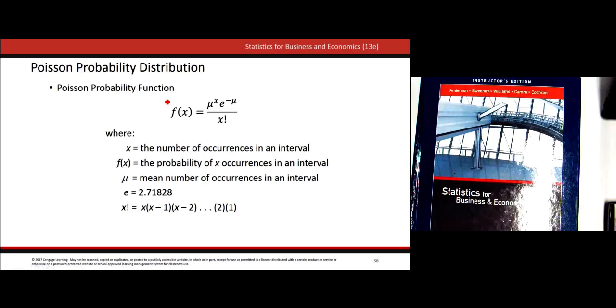And this is the Poisson probability function. X is the number of occurrences in an interval. Mu is the expected number of occurrences in an interval. E is a mathematical constant, approximately 2.71828.